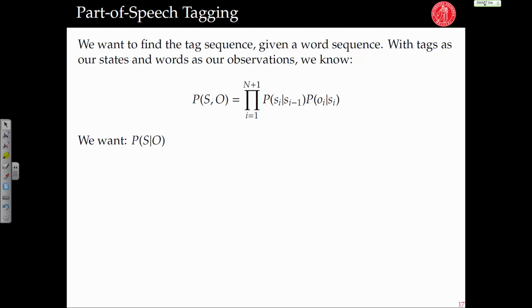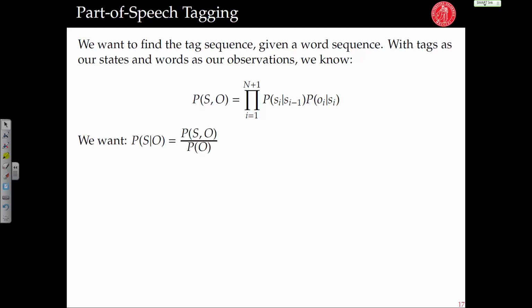For each time point, we compute the transition probability and the emission probability at that time point, and then we multiply them all together. But that computes the joint probability. We are interested in the conditional probability, the probability of S given O.